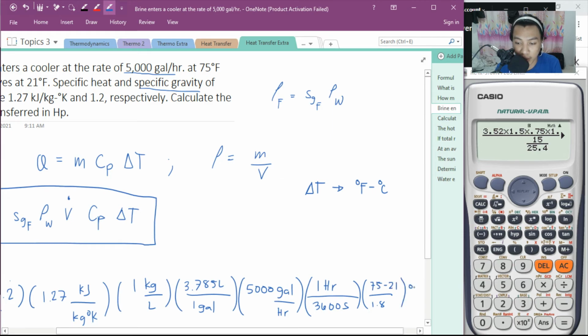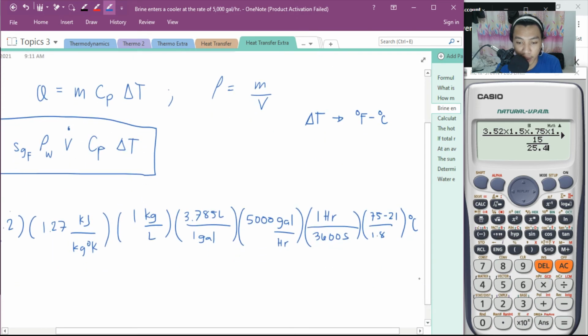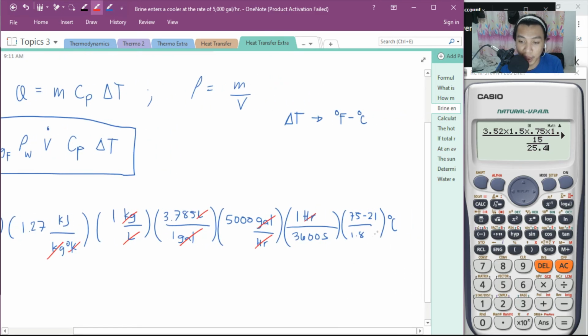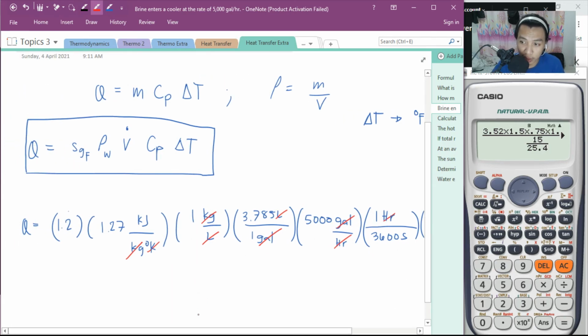Ang lalabas dyan, degree Celsius na, or Kelvin degree. Now, cancel na natin yung same units. Kilogram, kilogram, liter, liter, gallons, gallons, hour, hour. Yung Kelvin, yung Celsius degree, yun na yun. And then seconds na. Kilojoule per second is kilowatt, di ba? So, calculate na natin yan.